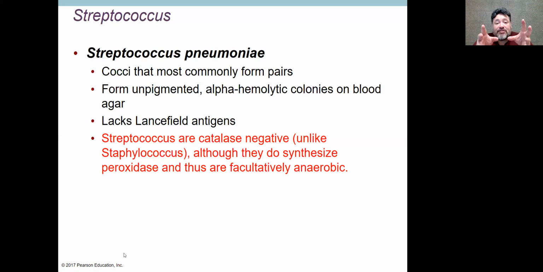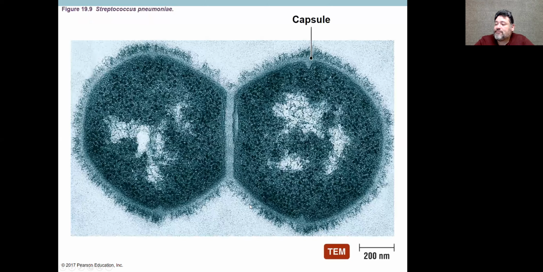If it bubbles, then the microorganism is catalase positive. If it doesn't bubble, then it's catalase negative. So you guys did in lab a diagnostic procedure that would allow you to distinguish between Streptococcus and Staphylococcus, okay? So again, Streptococcus are catalase negative, so that would mean that we add the hydrogen peroxide, no bubbling would take place, but Staphylococcus is catalase positive, so when we add the hydrogen peroxide, it would bubble, okay? So this is important for you to know.